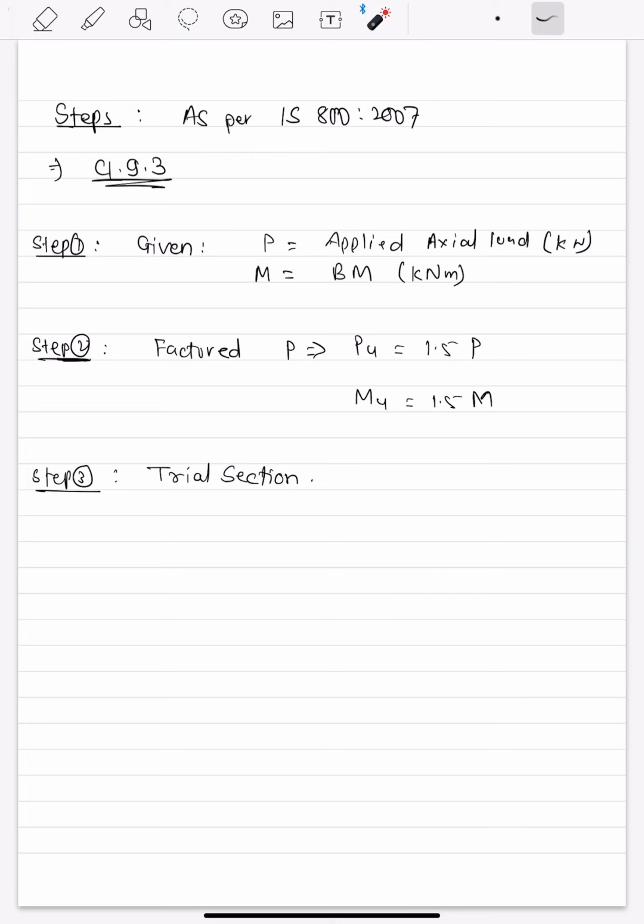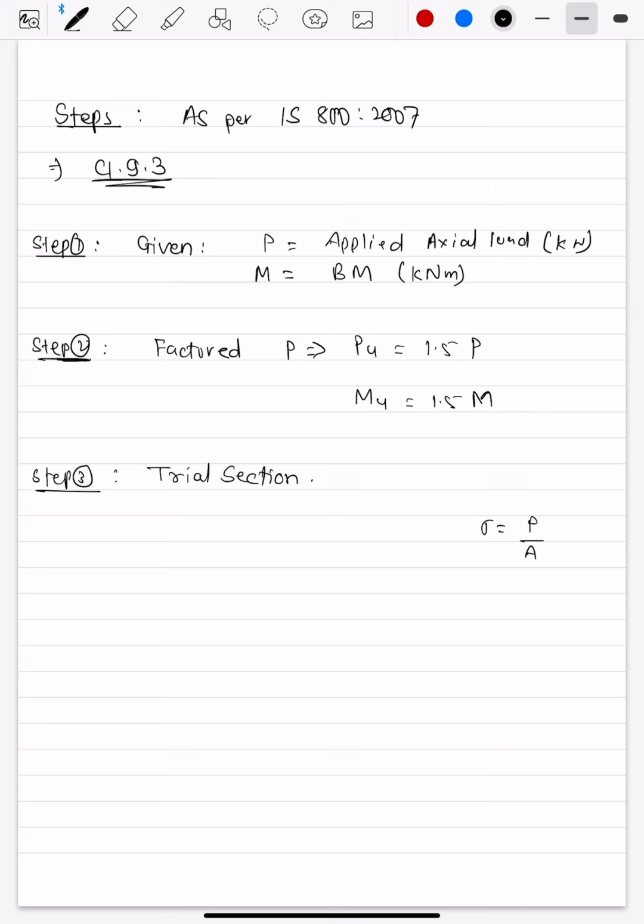So the basic equation, always remember: stress is equal to force upon area. Force is nothing but your compressive force upon the area of cross section. What we want to find is actually the area of cross section. And the stress here is fcd, the design compressive strength. So sigma is your fcd, P is your PU, and A is your area required.